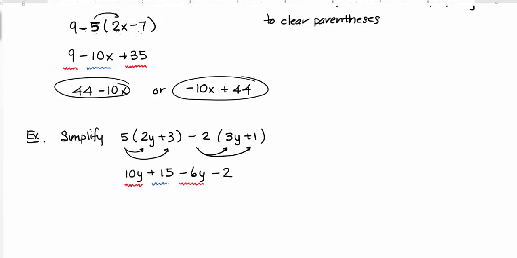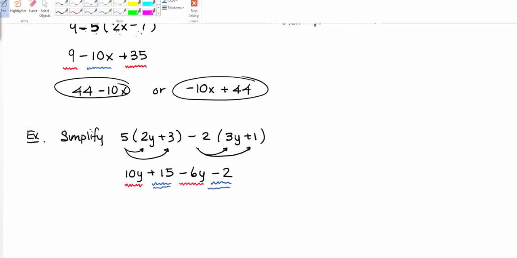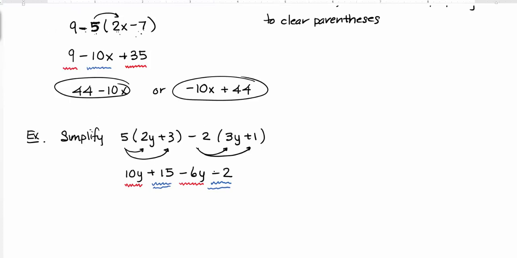And then I have a 15 and a minus 2, so those are alike. So 10y minus 6y is 4y, and 15 and minus 2 is plus 13. So my answer is 4y plus 13.